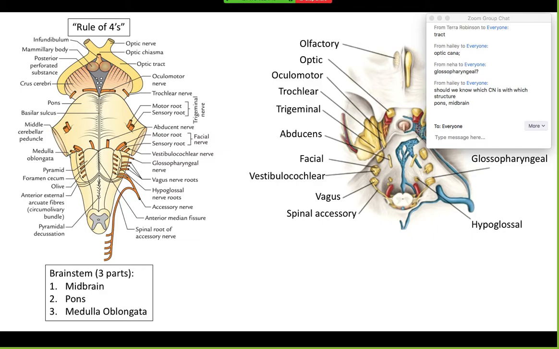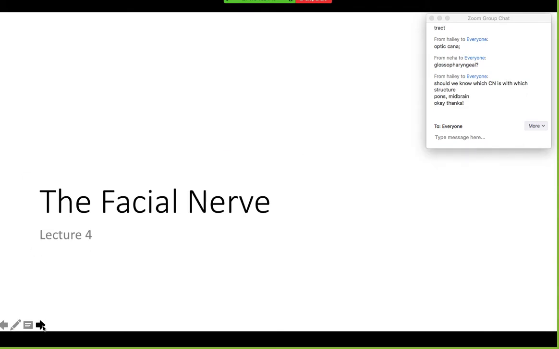Or I'm sorry, I meant to say pons and medulla. So cranial nerves 6, 7, 8 are lying right here between the pons and the medulla. They're not going to specifically ask you where it's coming from, but it just helps you remember where to look for it. So if there's some sort of nerve tagged on the pons, you've only got 4 options. Does that make sense?